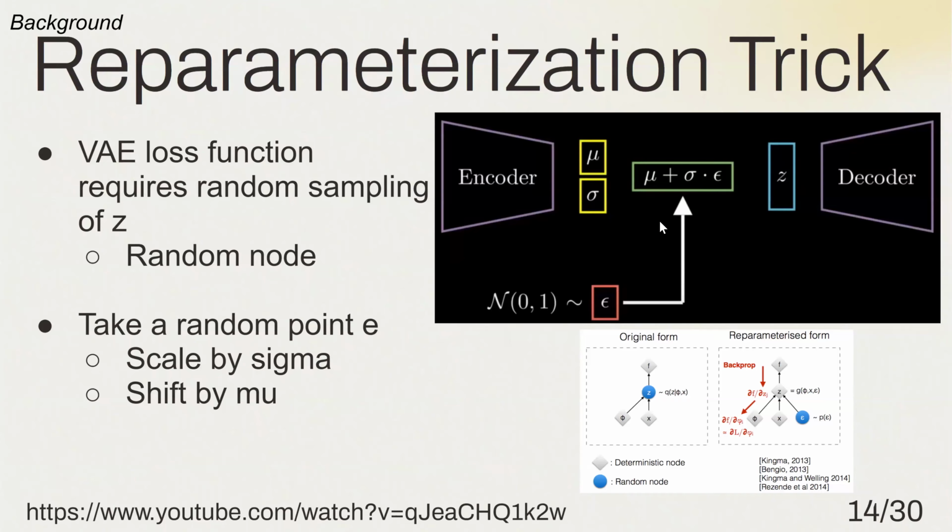So what they do here is take a random point epsilon from a normal distribution, scale it by sigma, the covariance matrix, or the variance, and then shift it by this mu. That makes it like you're actually taking a point from the distribution, but in doing this, it makes backpropagation possible.